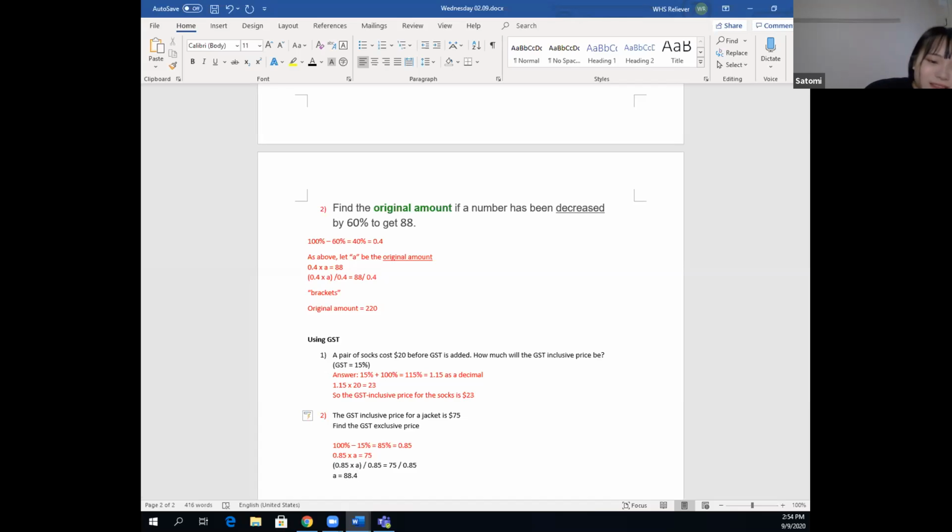Yeah, that's weird because the GST exclusive price is always less than the inclusive. Yes, so how did you get an answer bigger? I'm not sure.